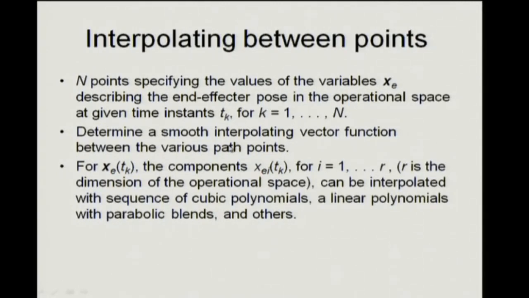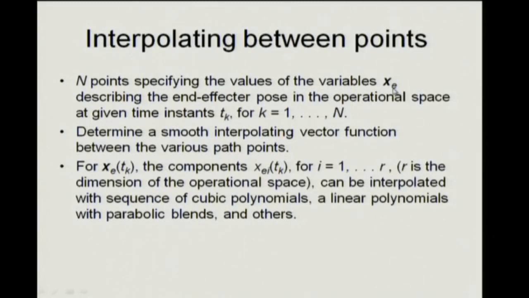Now, what you can always do is take, at the kth instant, the ith component of it. So, you have this vector xc that has I components. If you are just interested in position, it will be 3: x, y, z. If you are on the plane, it will only be x and y, so that will be 2.